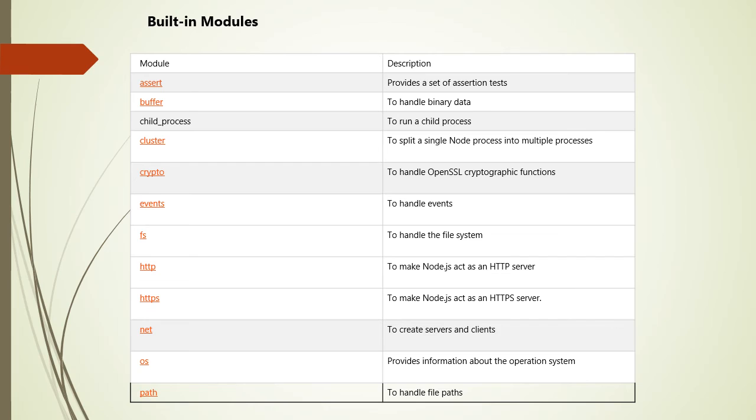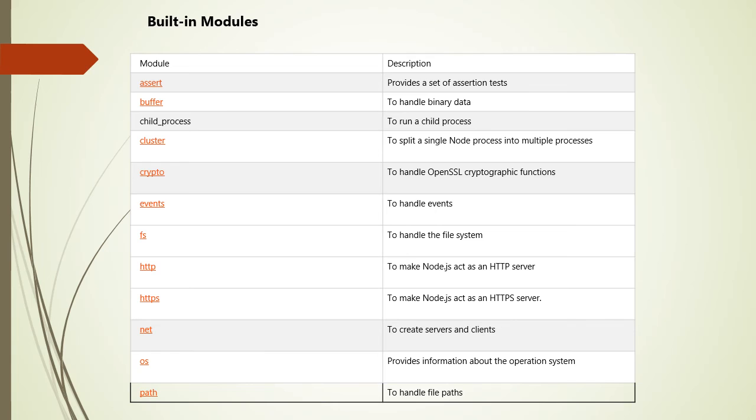For example, assert provides a set of assertion tests. Buffer is used to handle binary data. The child_process module is used to run a child process. The cluster module splits a single Node process into multiple processes. The crypto module handles OpenSSL cryptographic functions.